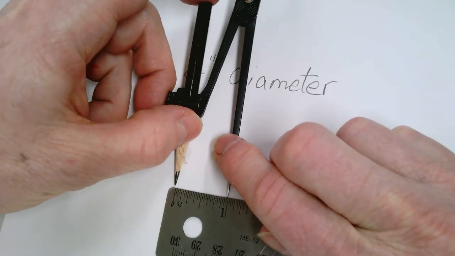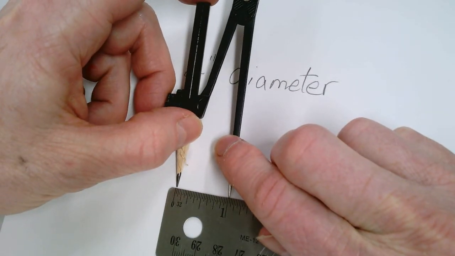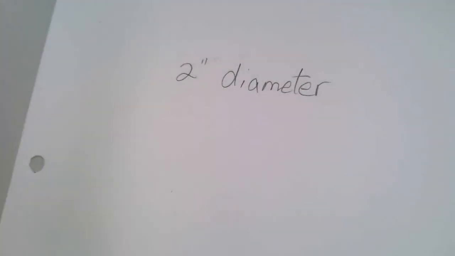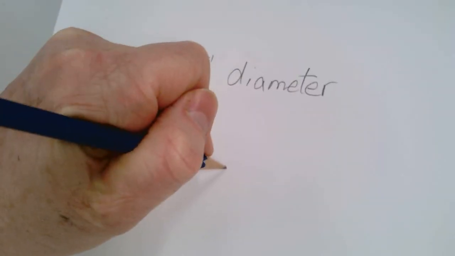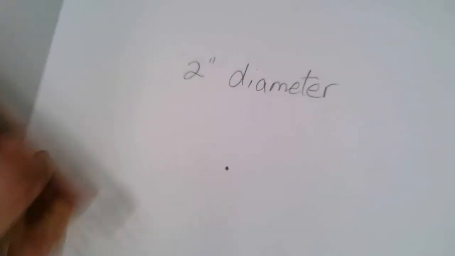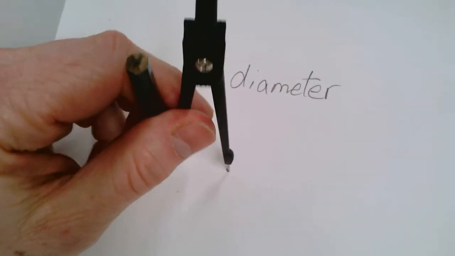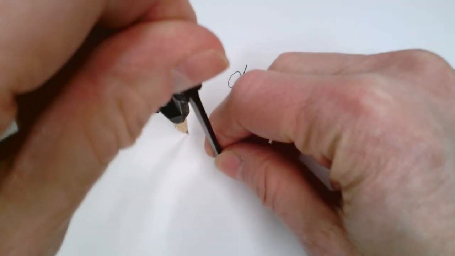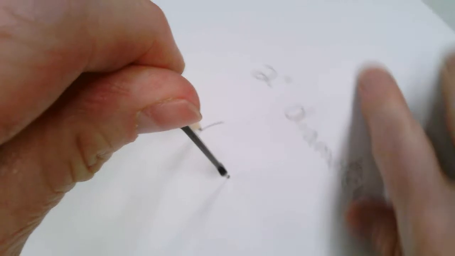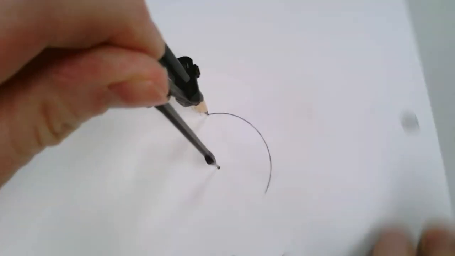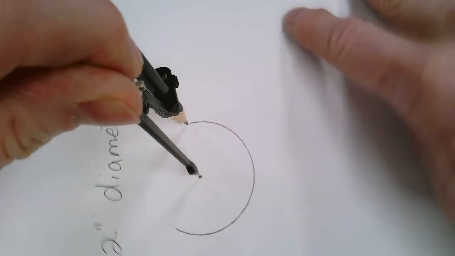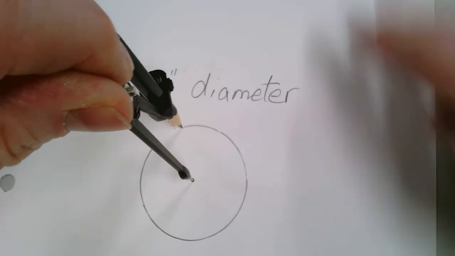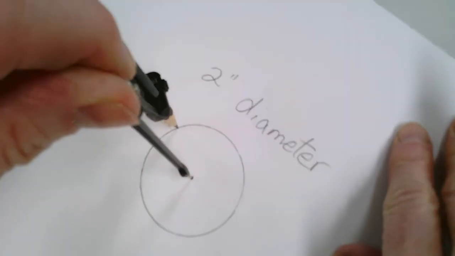So you line it up, put down your dot, put the sharp part on the point, make sure it's in place, and then just rotate your paper again. This works on a nice slidey surface.